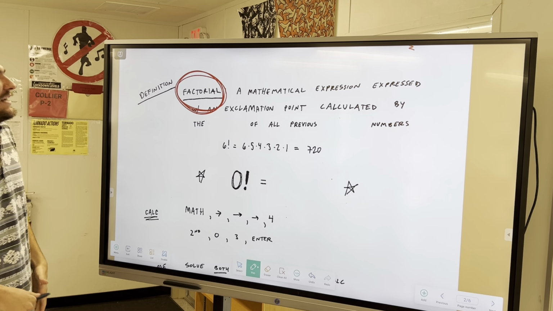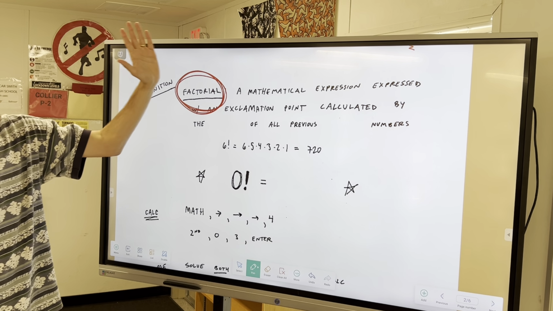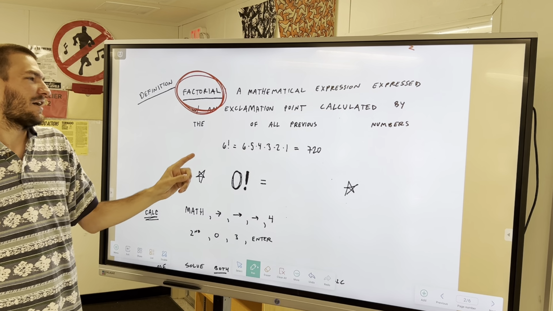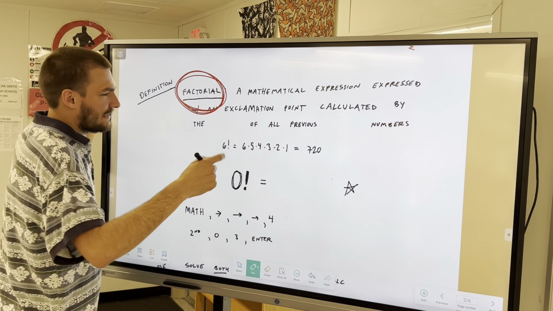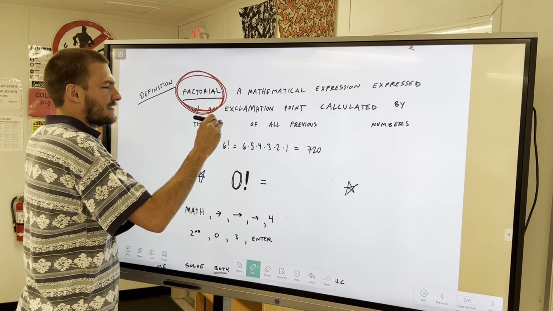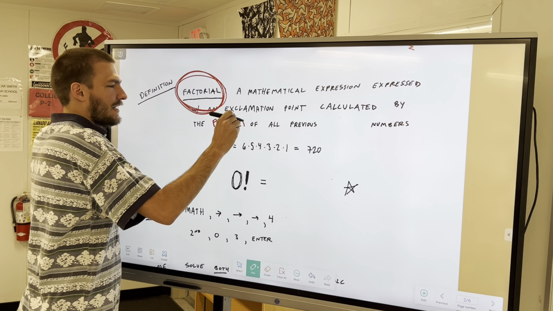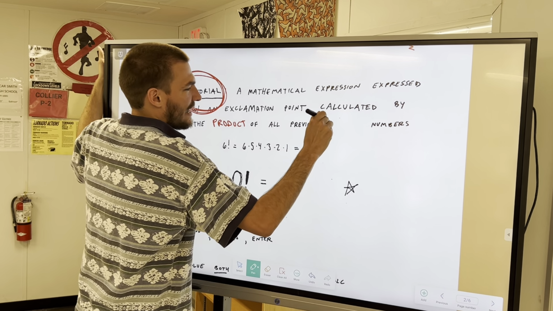So here we are. A factorial is a mathematical expression expressed with an exclamation point calculated by the product of all previous natural numbers. The product means multiply.